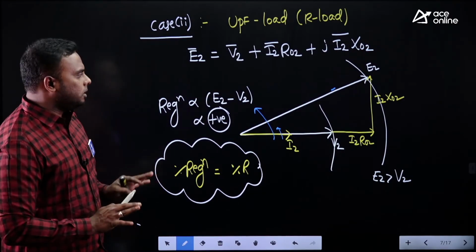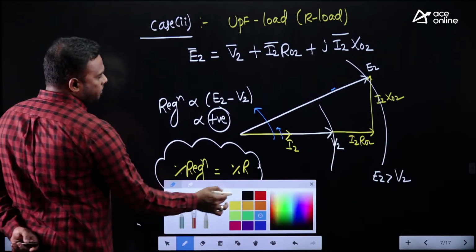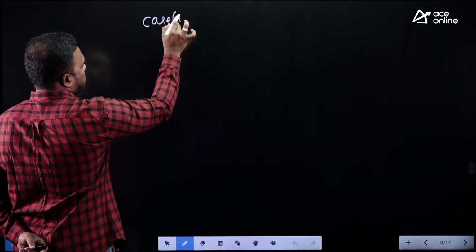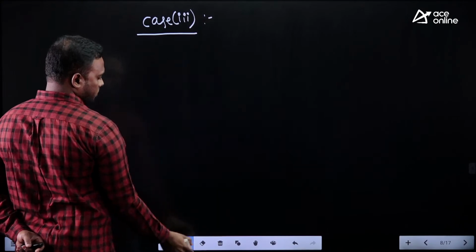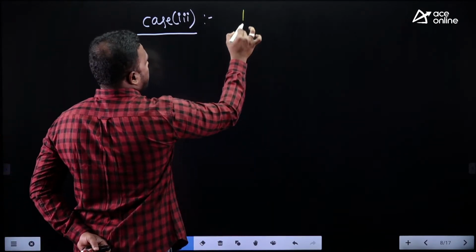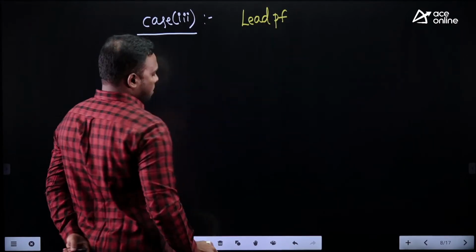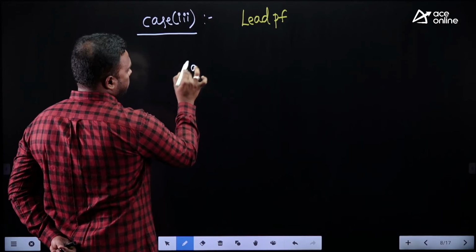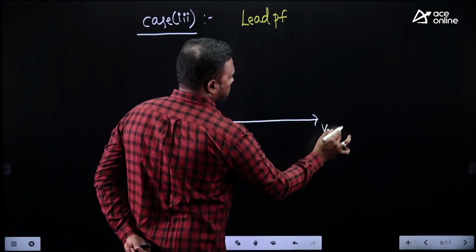Okay, let's see the three figures briefly. I will show you three variations in case 3, leading power factor load. There are three subcases here. The first one is this. This is V2.